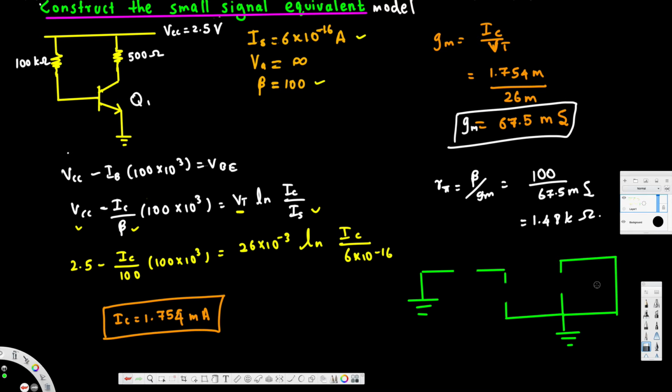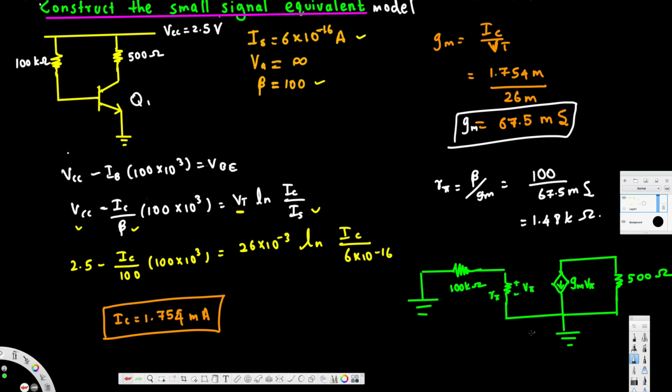Here we will have a current source, another resistance right here, and here we will have another resistance Rπ, and the voltage across this one is Vπ. And here we will have a current source, that is gmVπ, and then here we will have a resistance that is 500 ohm, and that is the equivalent model of the given circuit.